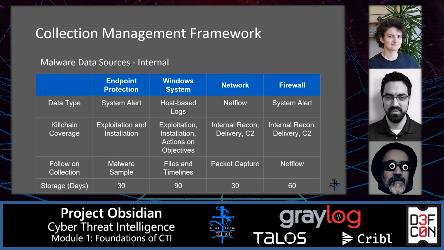So this can help map out their threat hunt and where they're going to look. The kill chain coverage, that's a nice feature to have there too. So you can say, well, depending on how far along the attack has progressed, you know where you might be able to find certain artifacts and can search those locations.